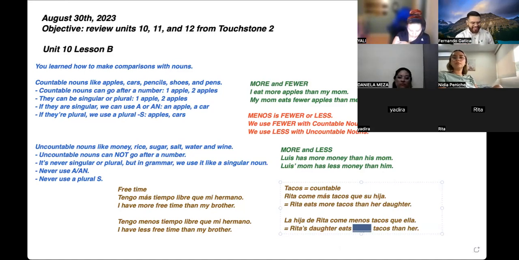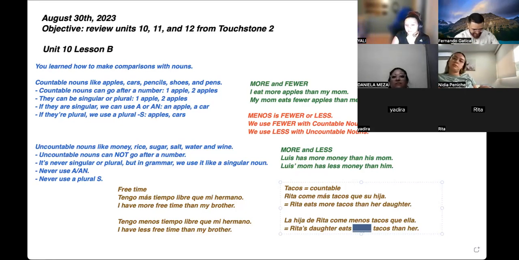Less or fewer? ¿Por qué? Because it's countable. Ya me revolví, pero si son contables son fewer y more, y si son incontables son... So what is your final answer?